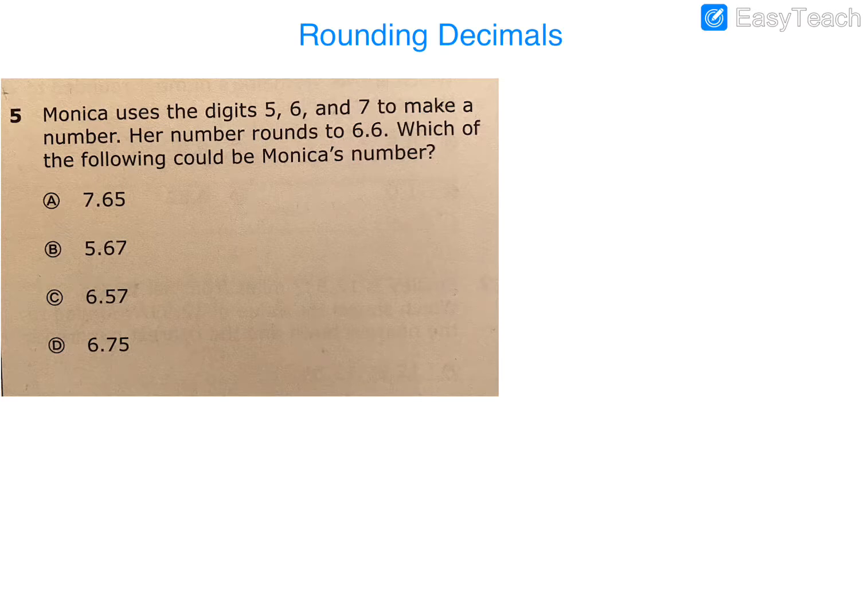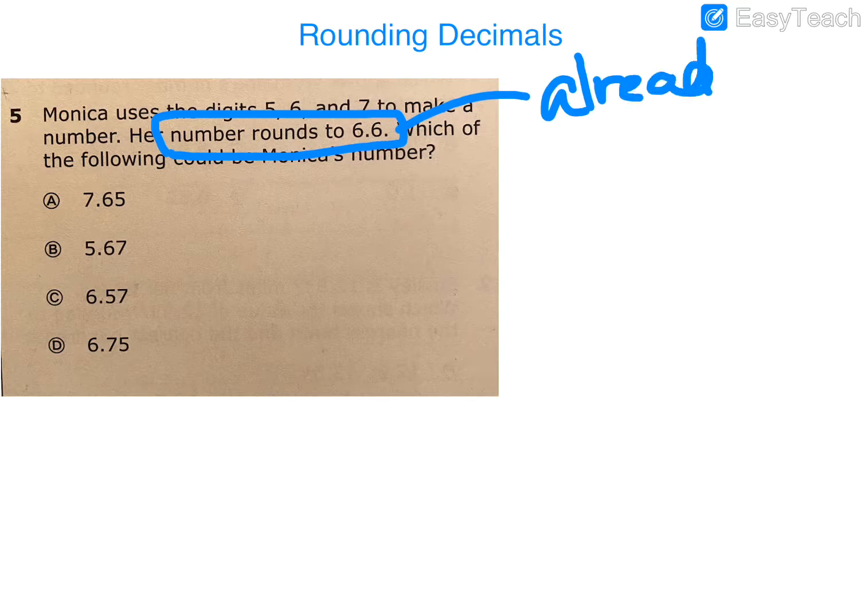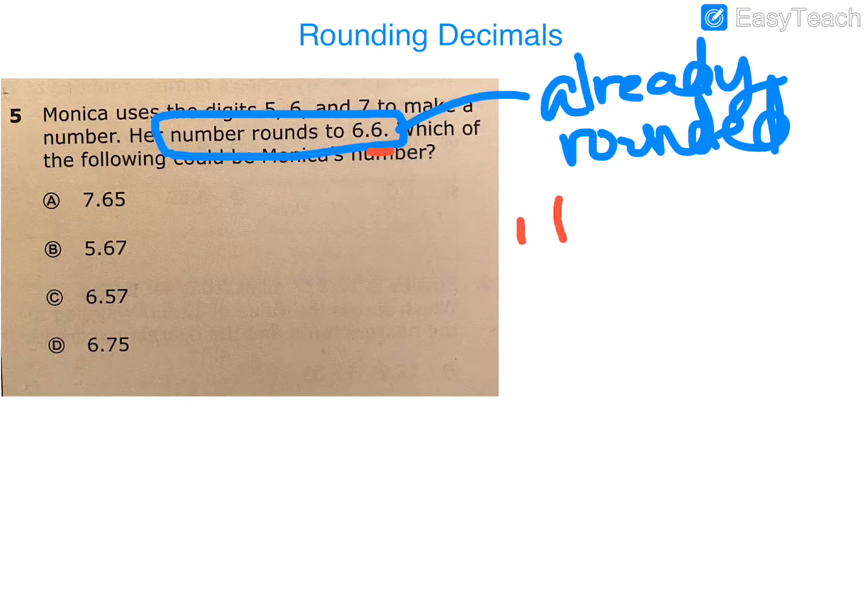Well, the first thing that you have to be clear about is that her number rounds to 6.6, meaning that it has already been rounded. And our number goes to the tenths place, which means it was rounded to the tenths place.